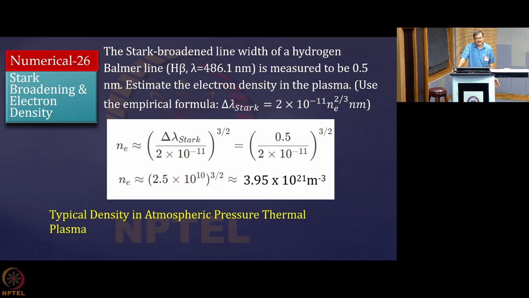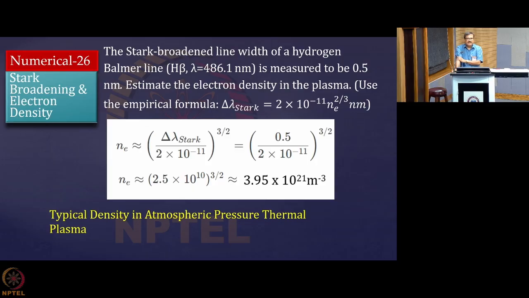We have already read in our regular classes how to find the number density from the Stark broadened line. We have seen those diagrams, where the broadening happens and how the line looks when it is broadened, and usually H alpha and H beta lines are very common to use for this number density calculation.